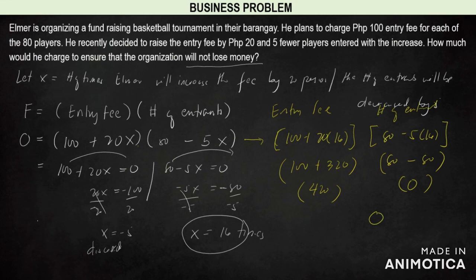At least that way, he will not lose money. But if he charges 400, there will still be people who will join or register. But if 420, there are none. So, this is how we solve business problems, and we'll have more of this kind of problem in quadratic functions.